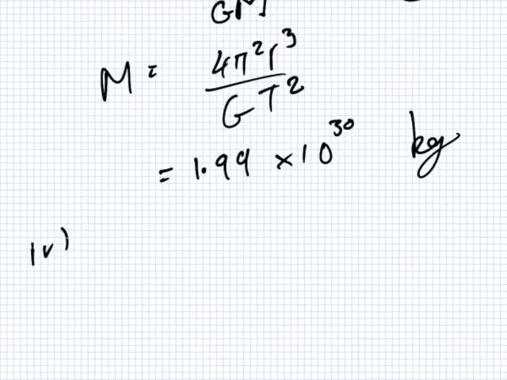The mass of Venus is that and the radius is that. What is the time taken in minutes for a satellite to complete one orbit?